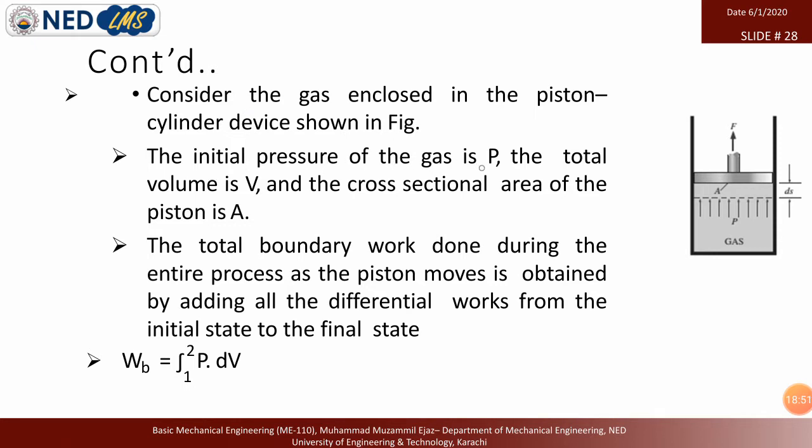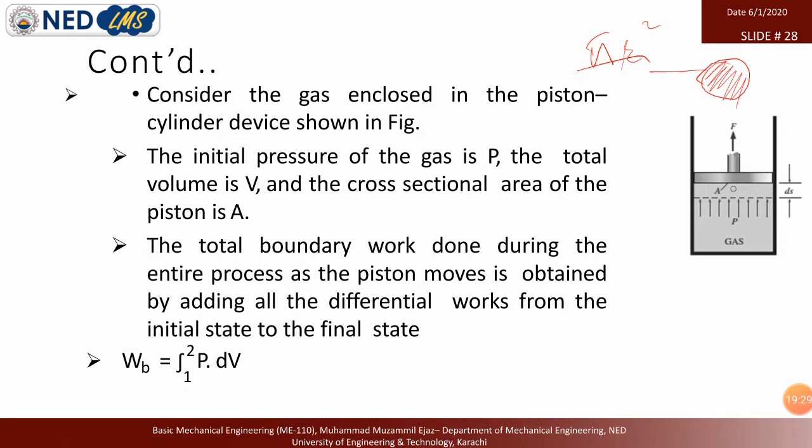The initial pressure of the gas is P, the total volume is V, and the cross-sectional area of the piston is A. When you see the system from the bottom end, the piston looks like this. So this is the area, pi r square, and it is a circular cylinder. This is the piston area.